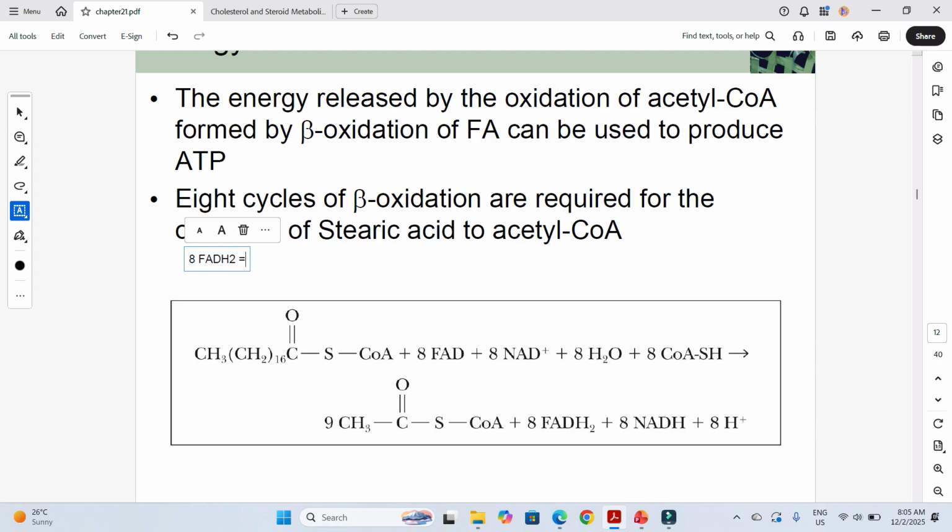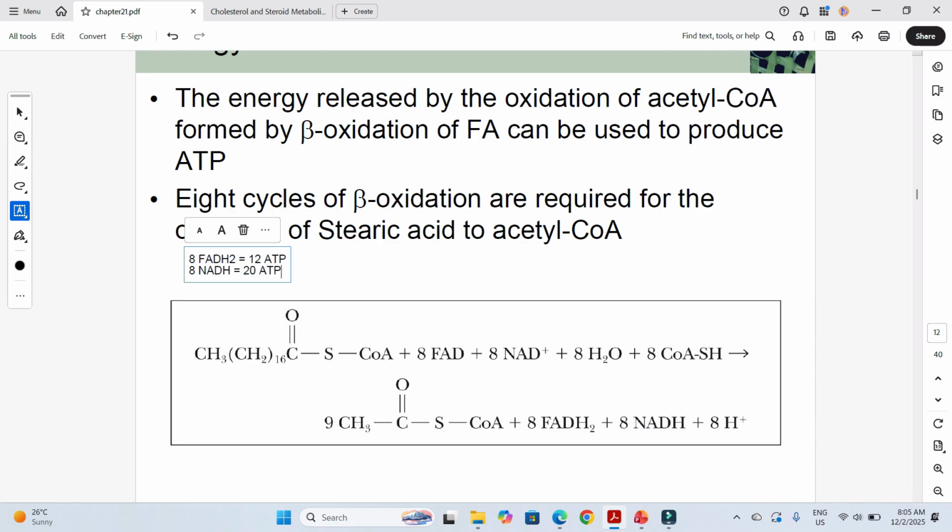It's equivalent to 8 times 1.5, right? 1.5 ATP, because 1 FADH2 is equivalent to 1.5 ATP. So 8 times 1.5, that's going to be 12 ATP. Now, what about the next? 8 NADH. What is that equivalent to? 8 times 2.5, so that's going to be 20 ATP.